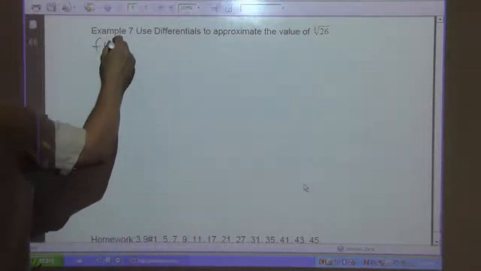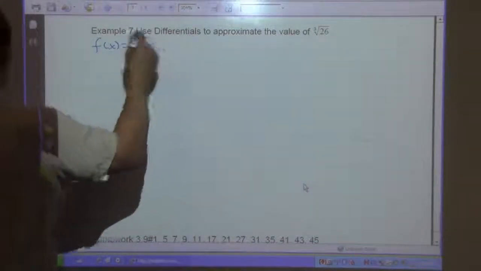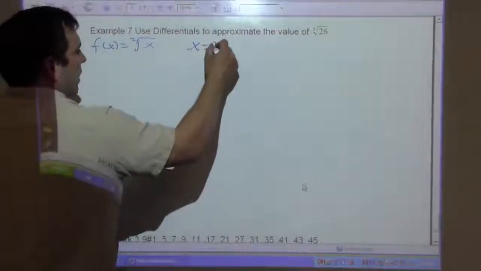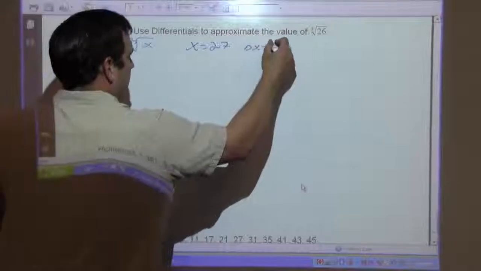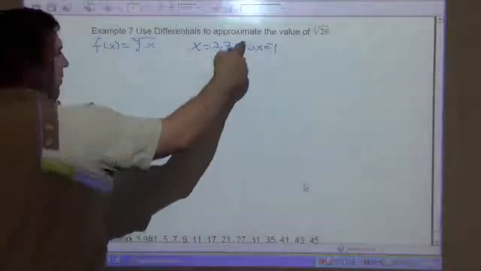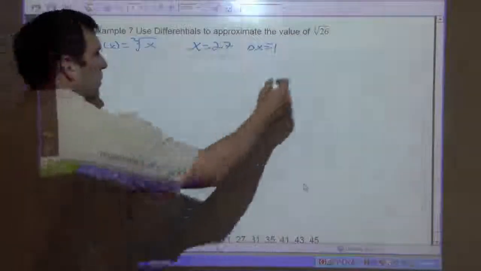So f of x equals the cube root of x. Now if we said x equals 27, we could say our delta x would be negative 1. 27 plus negative 1 is 26.